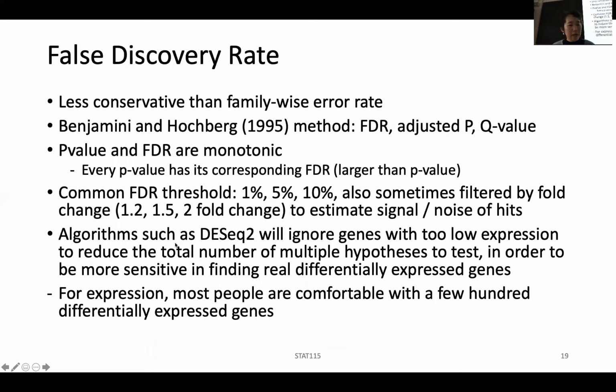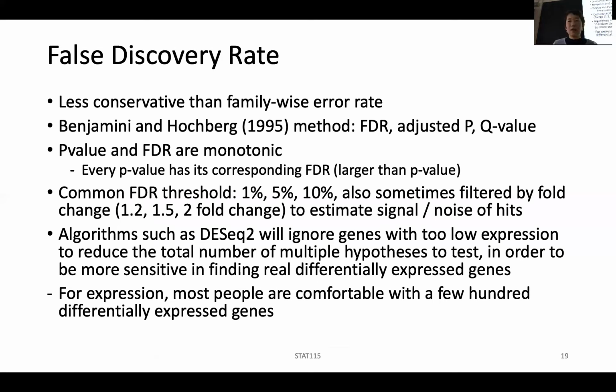So algorithms such as DE-seq will try to ignore genes if they have too low expression level in too few samples. This gene is hopeless, right? What's the point of testing differential expression? You will never really reach p-value significance. So with DE-seq, there are some simple heuristics.